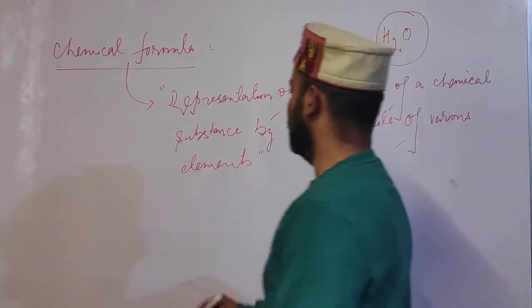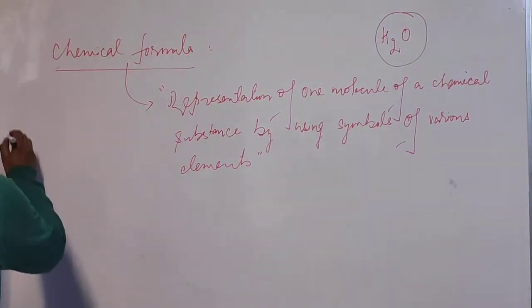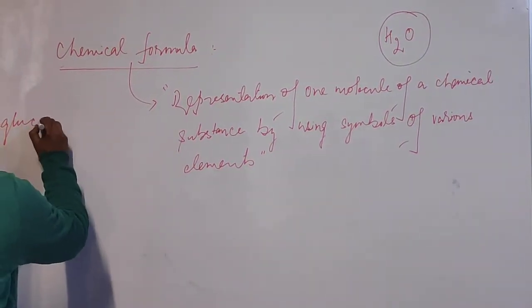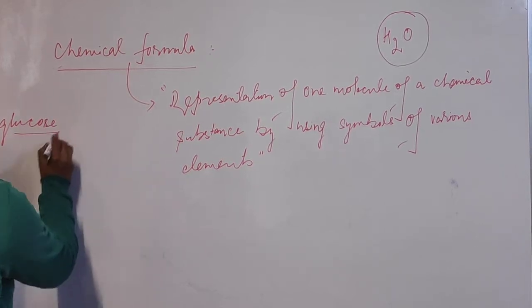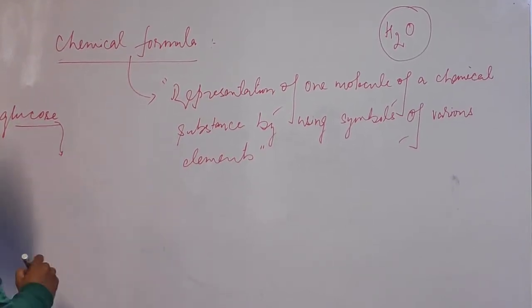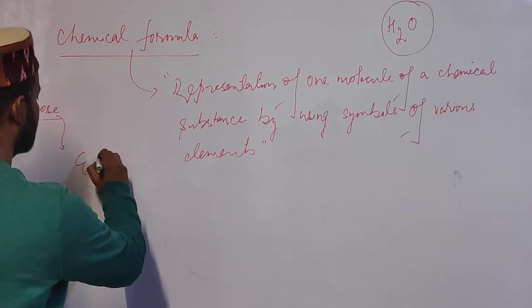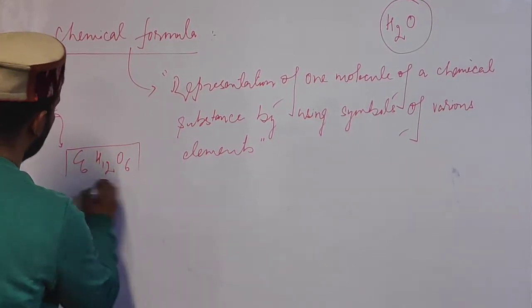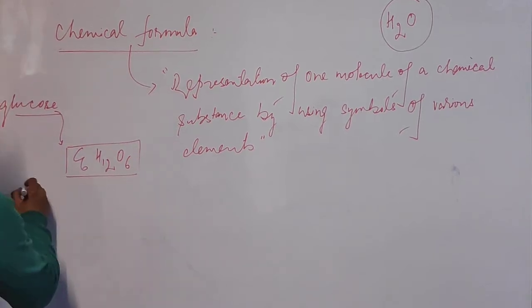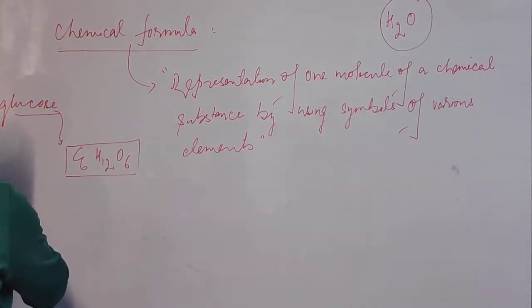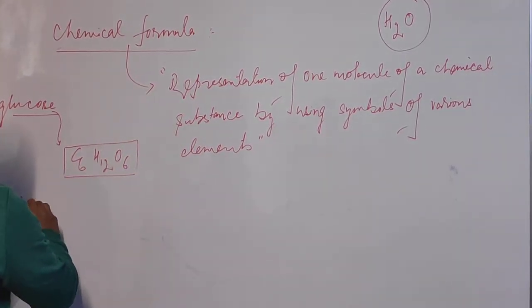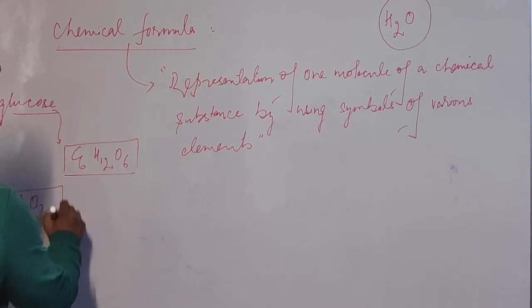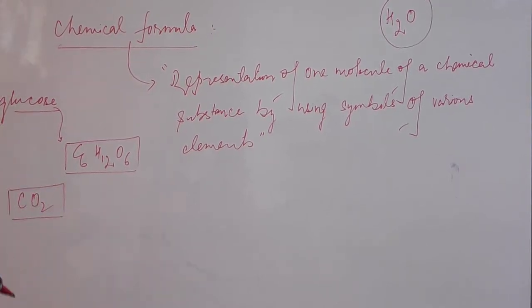Say, for example, if I have to write the chemical formula of glucose, it will be C6H12O6. Similarly, that of carbon dioxide will be CO2. So all these are the chemical formulae.